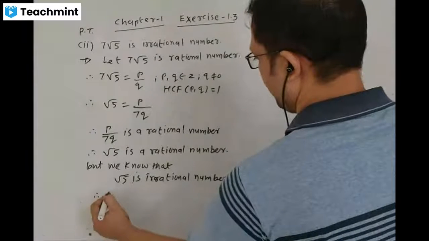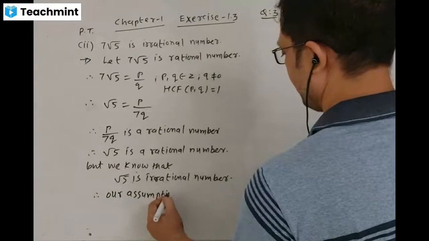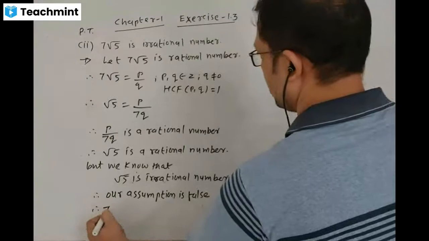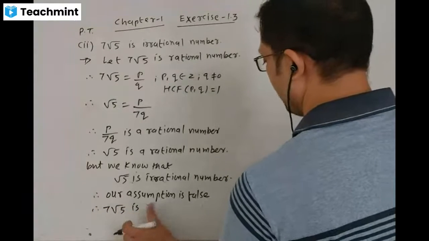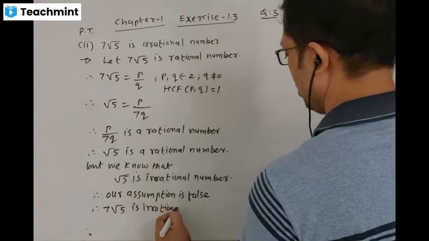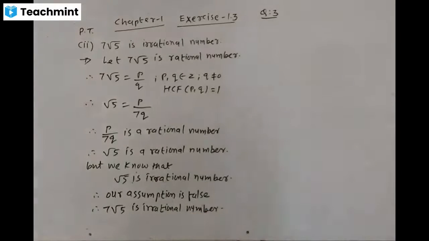Therefore, our assumption is false. Therefore, 7 root 5 is an irrational number. Okay.